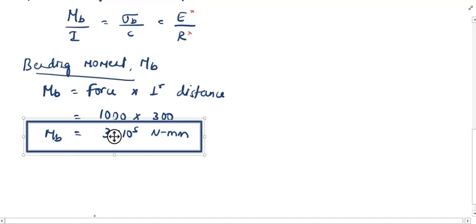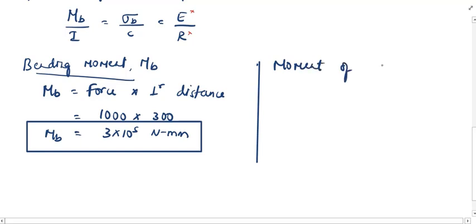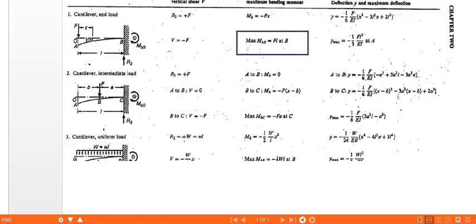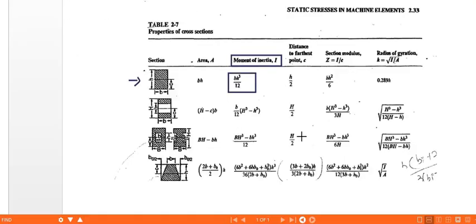Next we will move ahead to calculate the moment of inertia, capital I. To find this, refer to table 2.7 from the same data handbook, Dr. K. Lingaya, Volume 1.